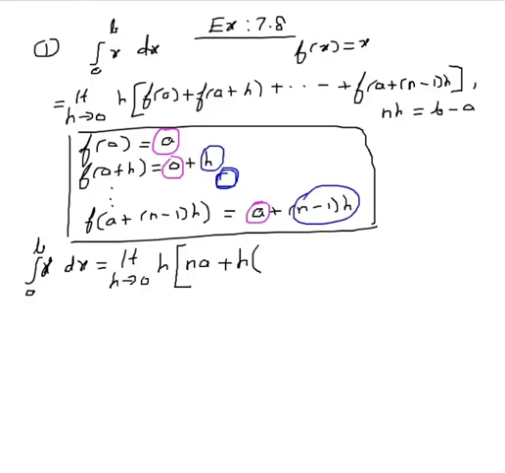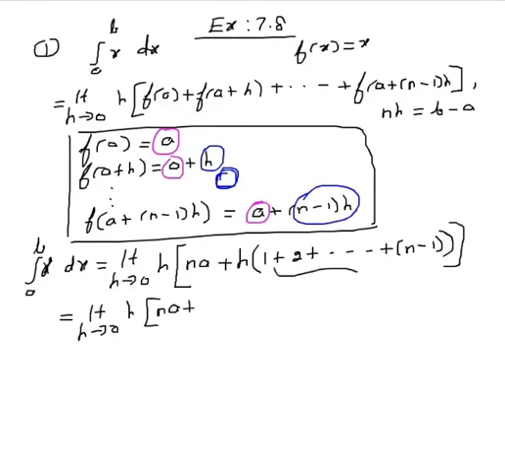So let us take h common. We get 1 plus 2 plus 3, etc. up to n minus 1. Equal to limit h tending to 0 of h times [na plus h times...]. Let us use sequences and series formulae. We know the formula for 1 plus 2 plus up to n minus 1. The formula is n into (n minus 1) divided by 2. I told you the limit of sums questions can be done keeping the limit as h tending to 0 or n tending to infinity. Let us do with h tending to 0.